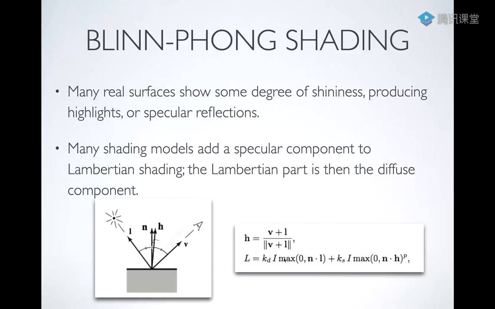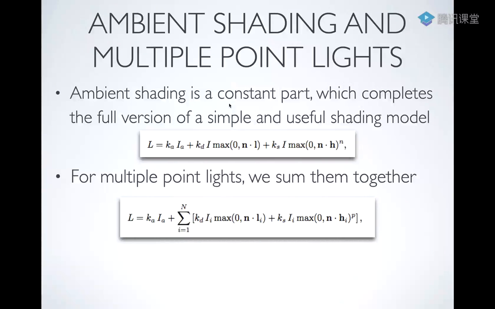So this is the diffuse term, or Lambertian term, and the specular term. We add them together, and this is Blinn-Phong shading. There is another term called ambient shading. If we just apply this function, there will be no lighting or shading behind the light.